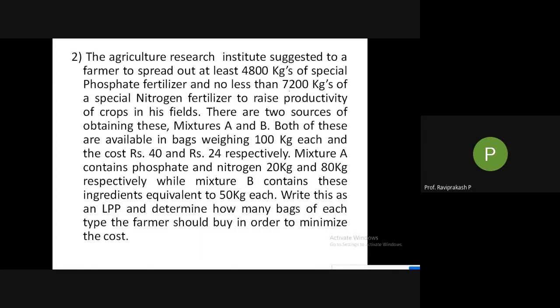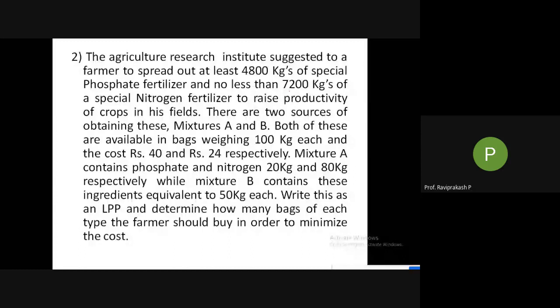7,200 kgs of a special nitrogen fertilizer to raise productivity of crops in his fields.